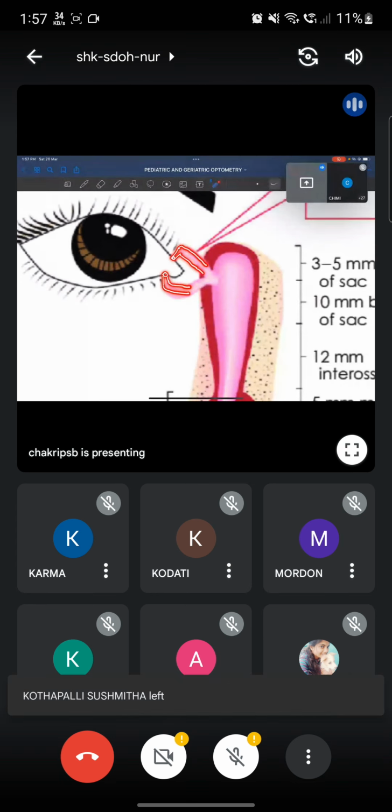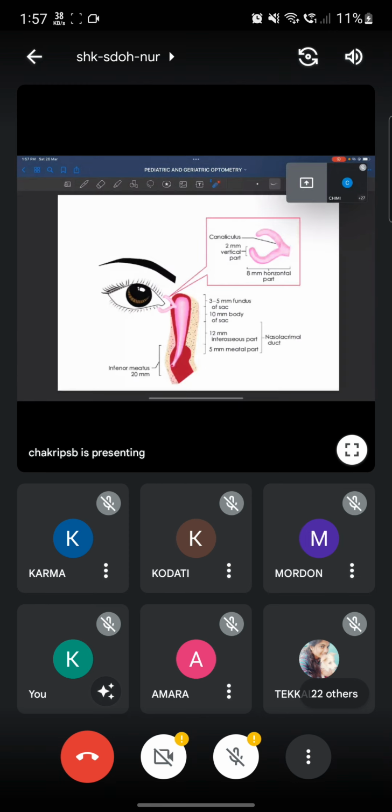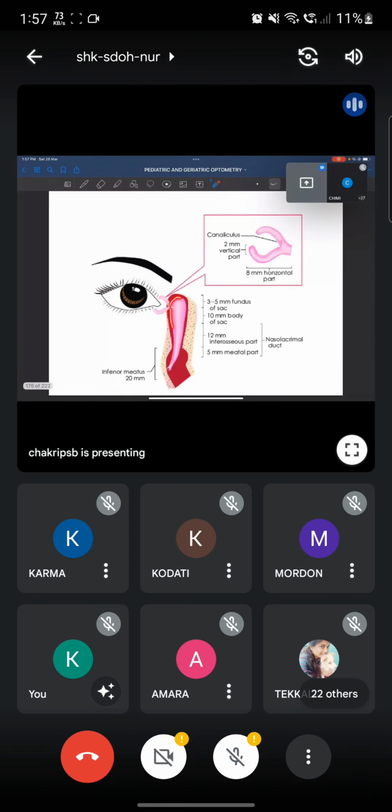The horizontal canaliculae and the superior vertical canaliculae connect here. We call this region the common canaliculus. Then this is the lacrimal sac, and this is the nasolacrimal duct region, and here the inferior meatus.